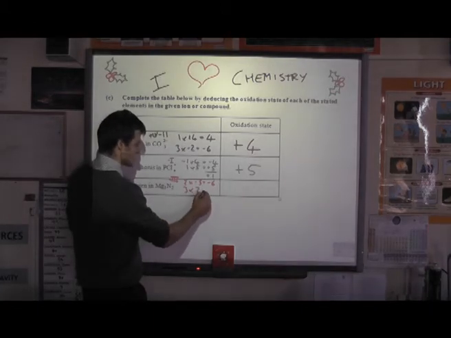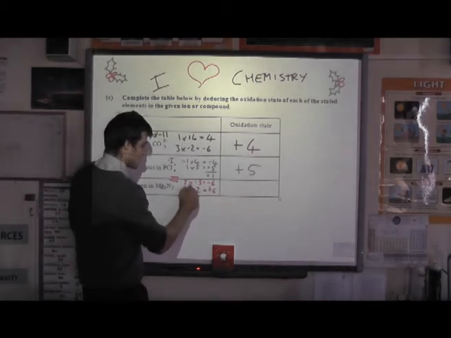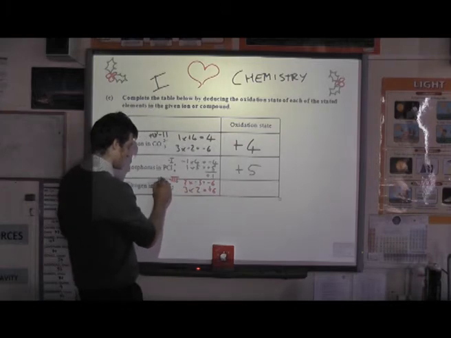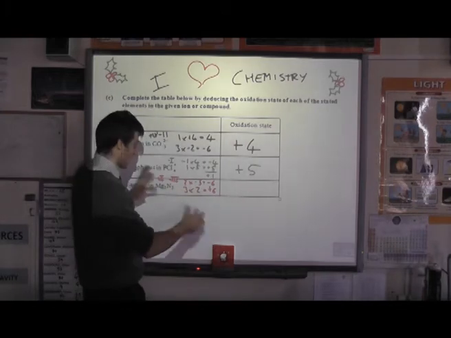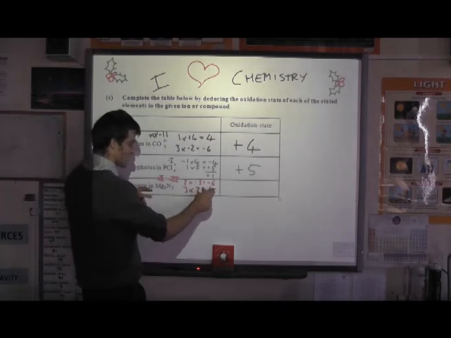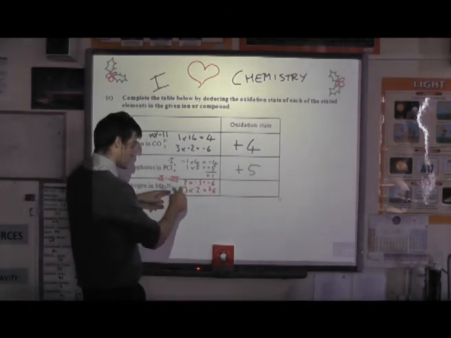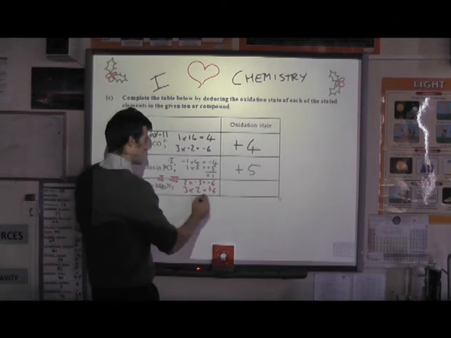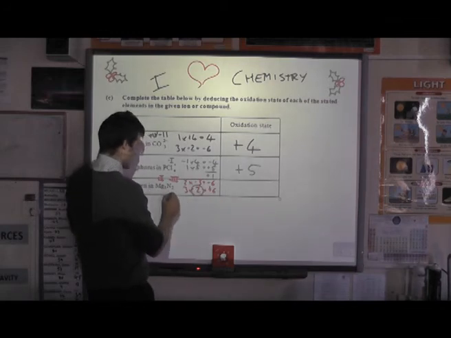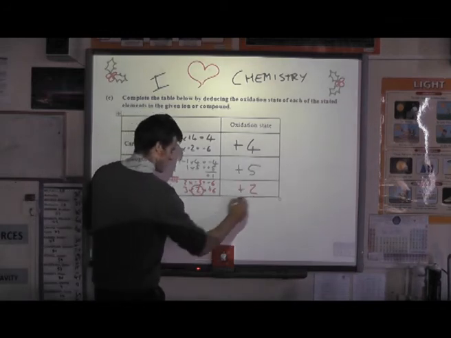Well, 2. So the oxidation state must be +2 for the overall thing to have no charge. 3 times +2 is +6, and 2 times -3 is -6. So the oxidation state of the magnesium there must be +2.